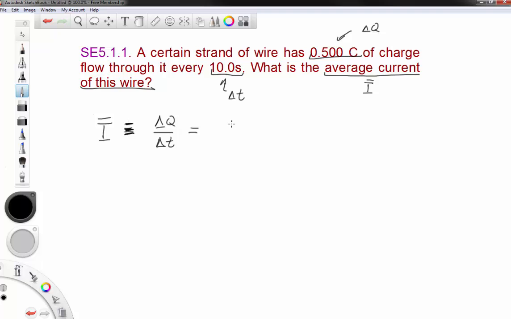So we have 0.500 coulombs divided by 10.0 seconds, or 0.05 coulombs per second. This is 0.05 amps, which would be 50.0 milliamps.